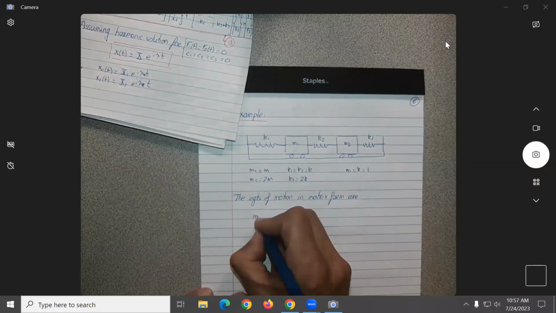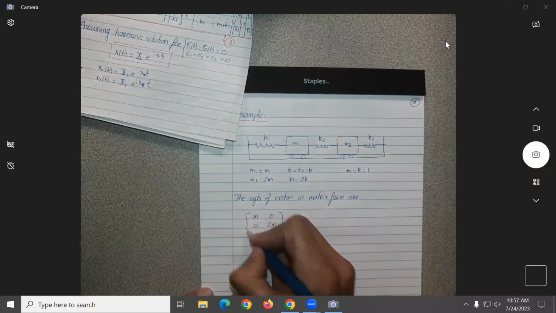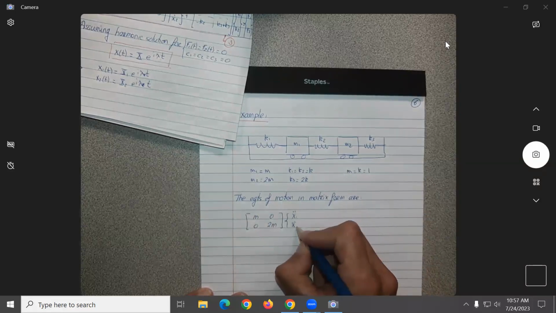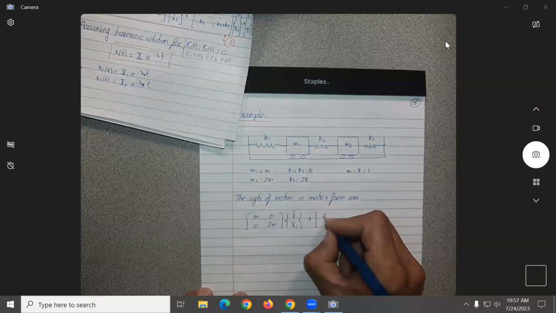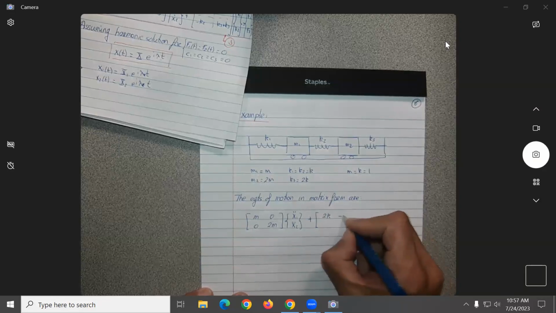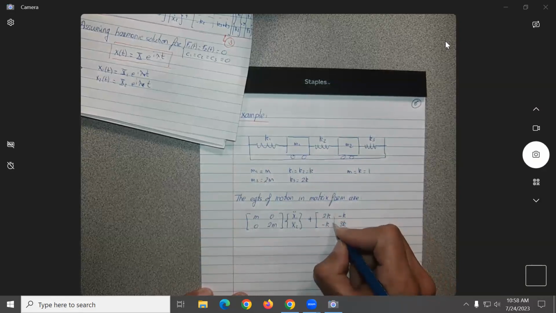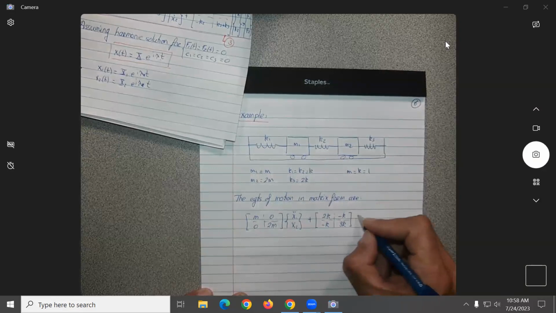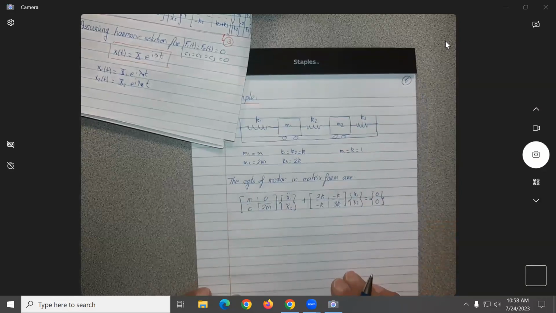We have M, 0, 0, 2M, times X double dot 1, X double dot 2, plus 2K, minus K, minus K, and 3K, times X1, X2, equal to 0.